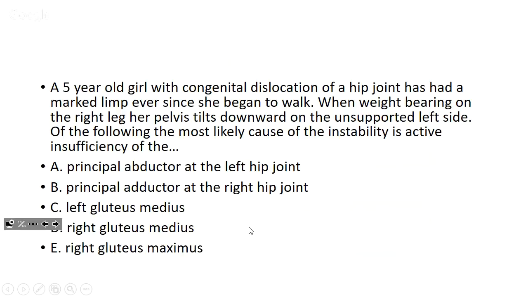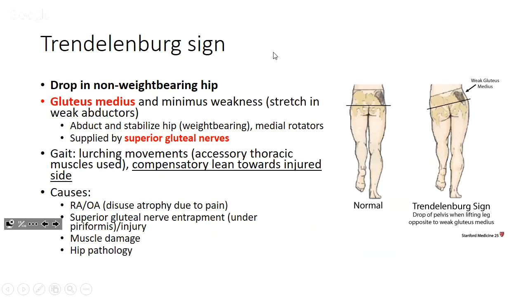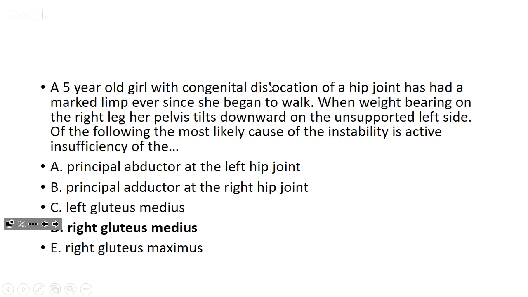Does everyone agree with that? Yeah, that's right. So essentially Trendelenburg sign is the drop in the non-weight bearing hip. So in that case, the pelvis tilted downward on the unsupported left side. So it means the right gluteus medius is weak.